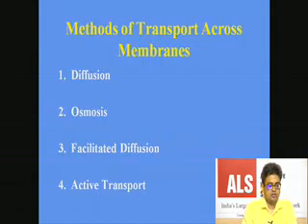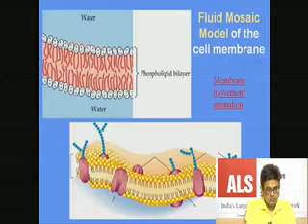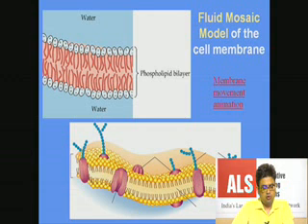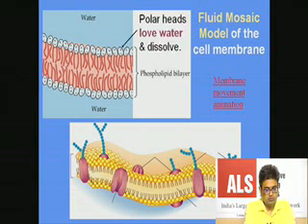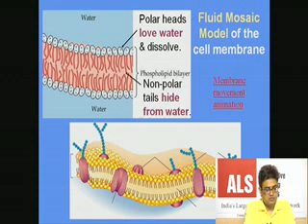Moving on, we have some methods of moving substances: diffusion, osmosis, facilitated diffusion, active transport, and the model shows how things are going to move. Water-loving, hydrophilic, dissolved substances cannot pass freely, but only lipid soluble substances can move freely.